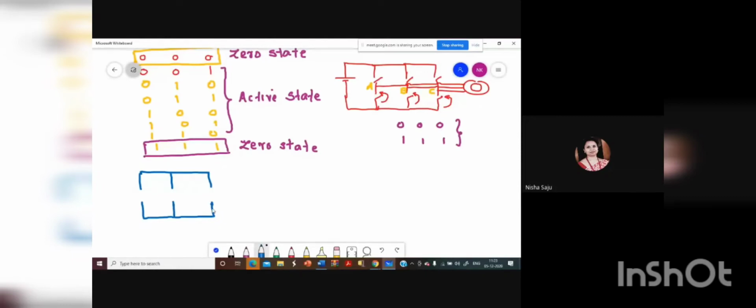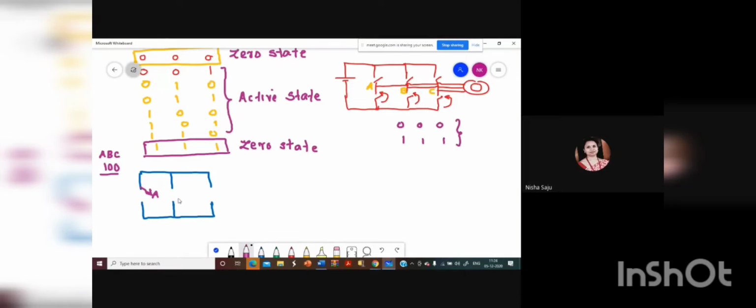Here, if I write 100, how will I represent this in the diagram? 1 means this is your A part, this is your B, this is your C. So the A switch will be in the on condition, the top switch, connected to the A pole. Then the next one is 0.